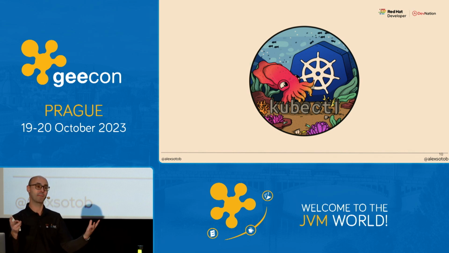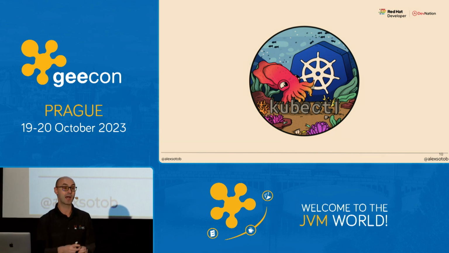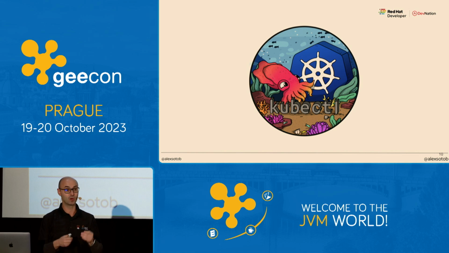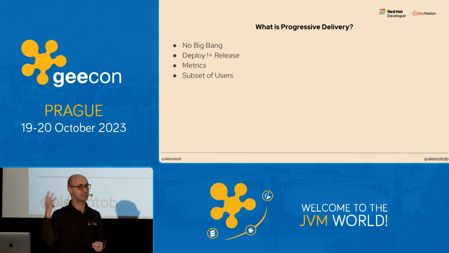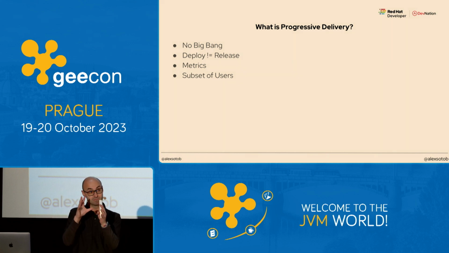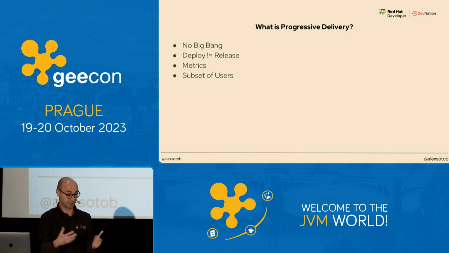And it's not only about moving the pieces from one place to production, it's how we move these pieces of software, how we make our traffic go to these new places. And this is exactly what progressive delivery is about. Basically, progressive delivery is the last part of the continuous integration and continuous delivery pipeline, where we make our application or service available to all our customers or to all our public traffic.